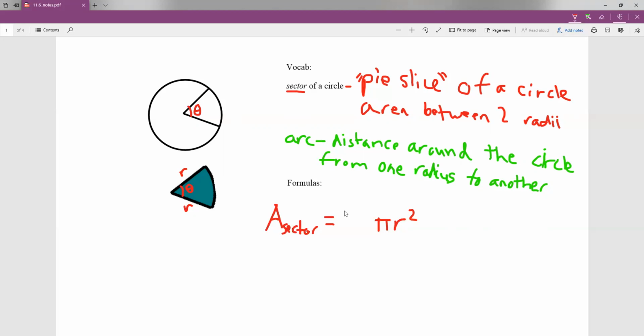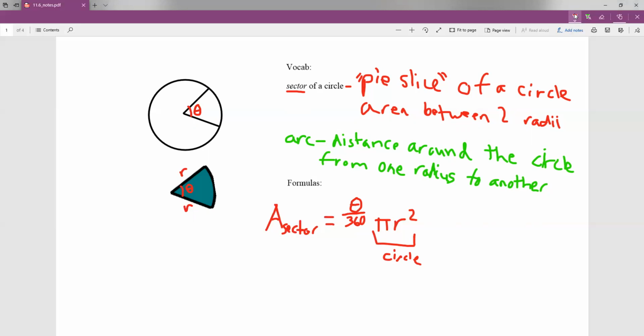So the area of a sector is theta, that many degree measures, divided by 360, times pi r squared. That's it. It's literally the area of a circle times how many degree measures divided by 360.